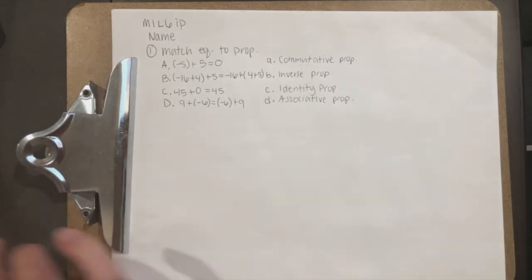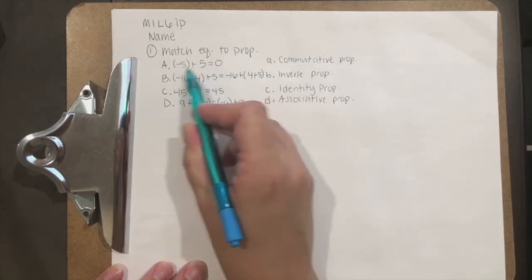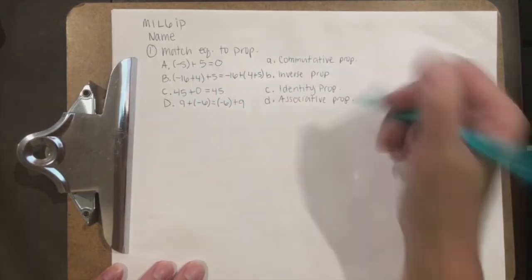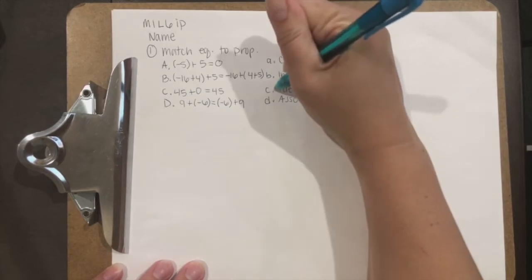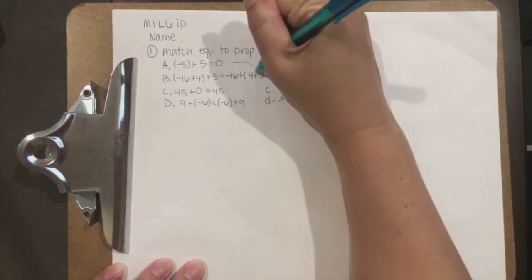I'm going to grab a different color here real quick. And so the one where they cancel each other out to 0, that would be the inverse property, right? They're canceling out.